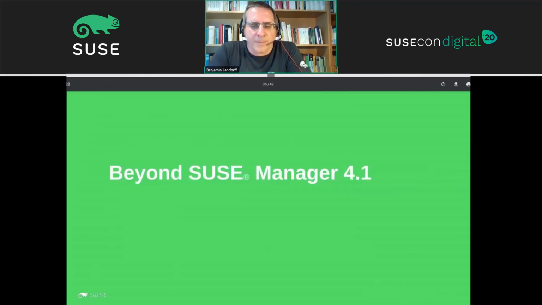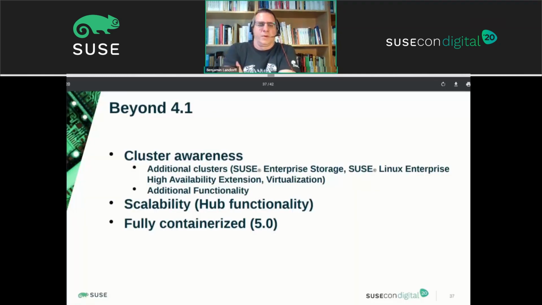So a little outlook, what's coming after SUSE Manager 4.1, what we're planning. So we, of course, plan to expand on the cluster awareness that we already built in 4.1. So we add additional cluster instances, SUSE Enterprise Storage, high availability, virtualization.